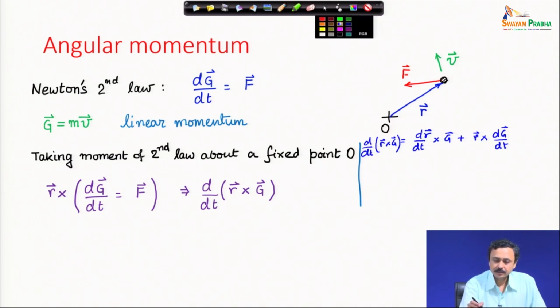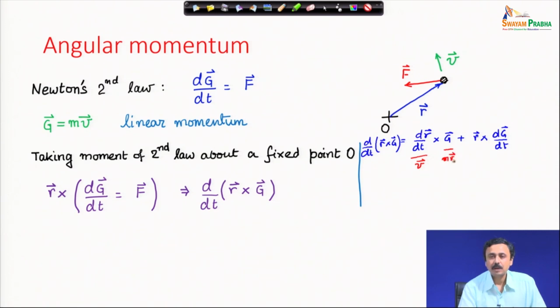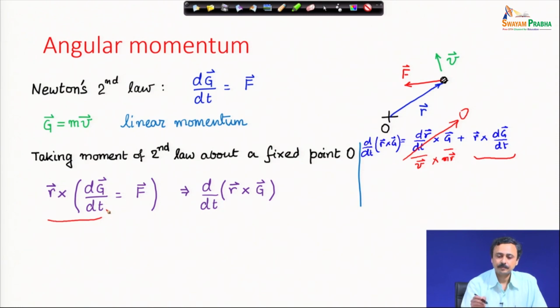What is dr/dt? dr/dt is nothing but the velocity vector. What is G? G is mass times velocity vector. Mass is a scalar quantity, therefore G is also in the direction of velocity. Therefore v cross m v must be equal to 0, so this cross product is 0. What I am left with is r cross the time derivative of the linear momentum vector, which is what I wanted on the left hand side.